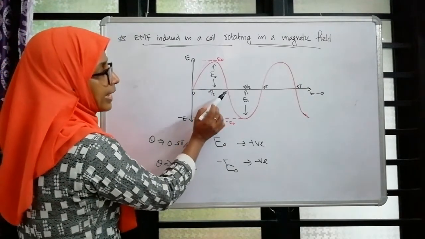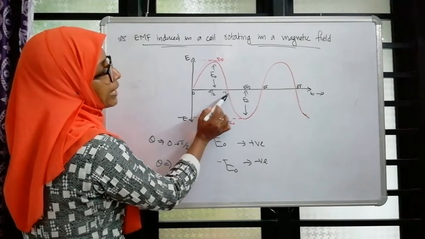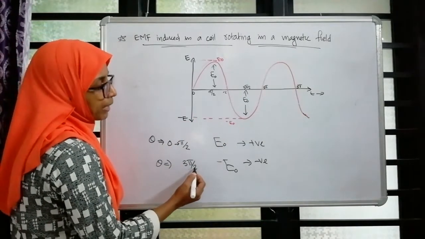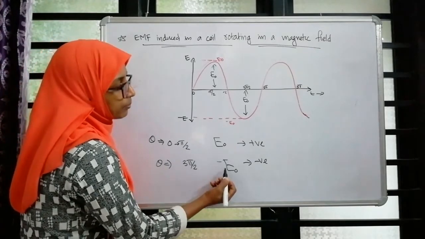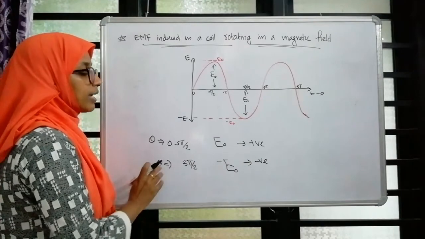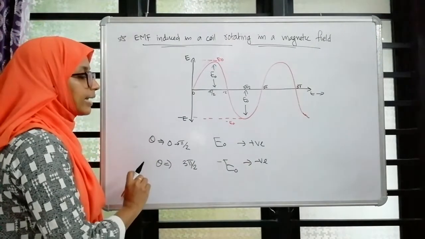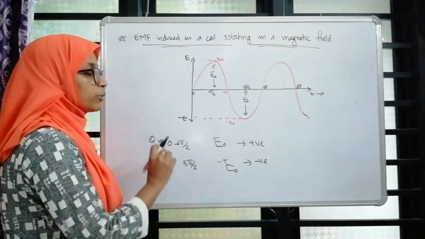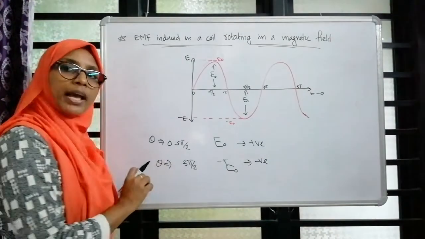And during the next half rotation, that is pi to 2 pi, at the angle of 3 pi by 2, it attains the maximum in the negative direction, that is minus E0. In such a way, the alternating EMF varies with respect to time in both magnitude and direction.